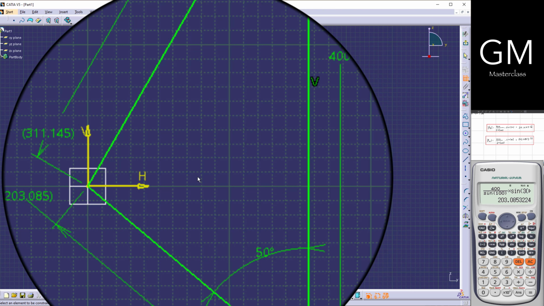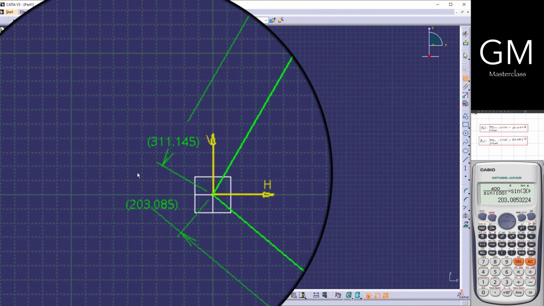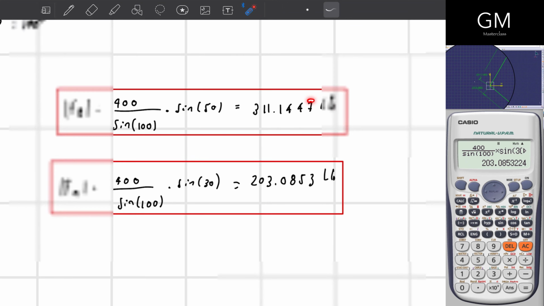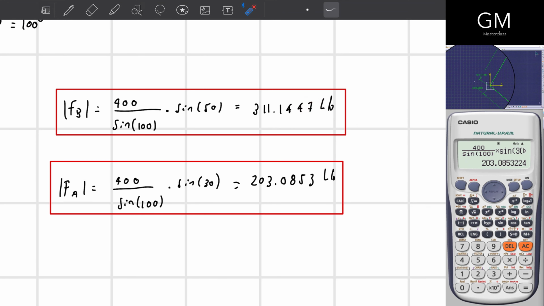311.1447, but what the software is doing is approximating the values. Why is that? Because right here I have a 7. So if I want to use just three significant digits after the comma or the point, then I would have to change this value for a 5.